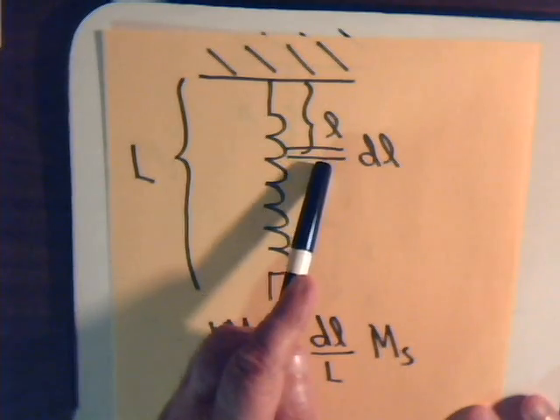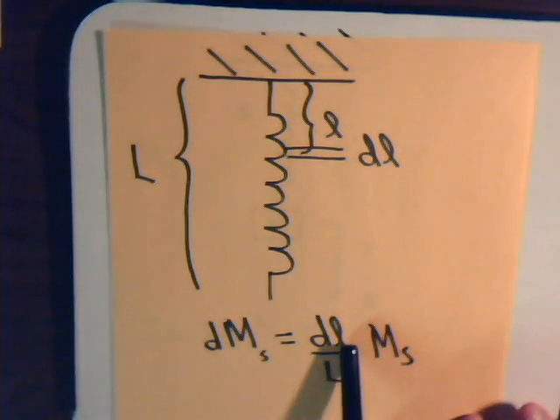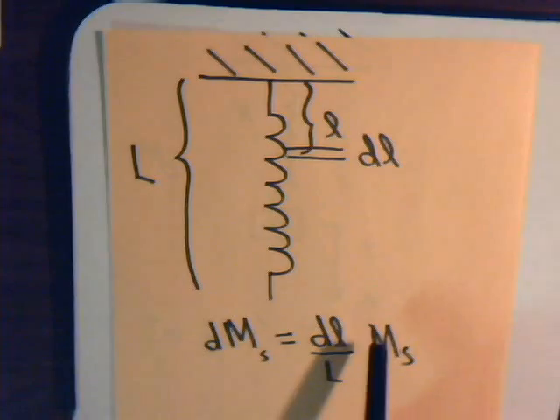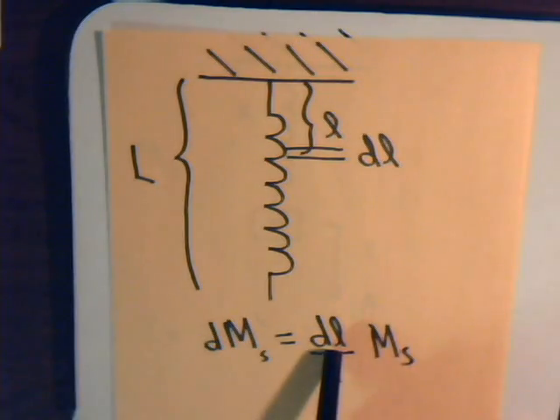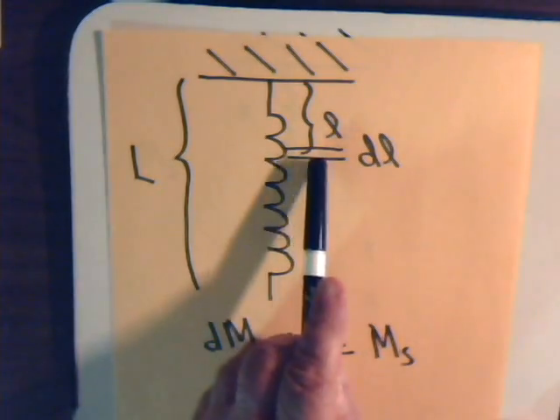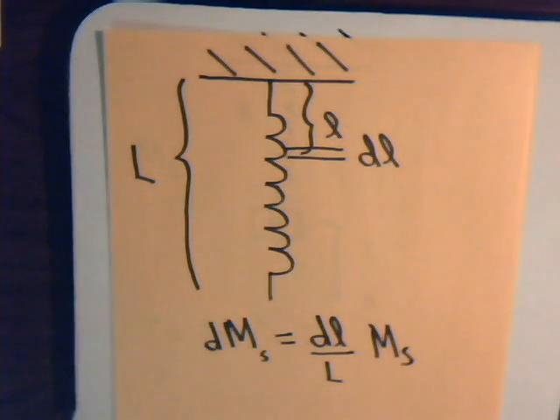In this part, dl, it's just dl divided by L times the total mass of the spring. Or we can think of this as the density of the spring, m_s divided by L, and that times dl will be the amount of mass in that differential section.